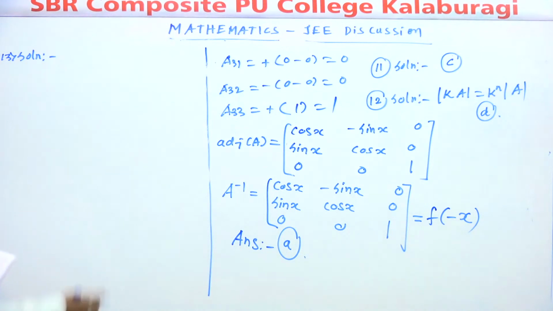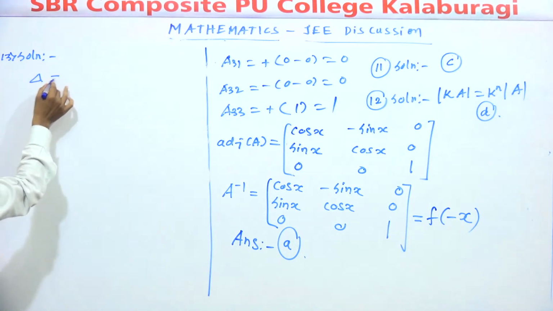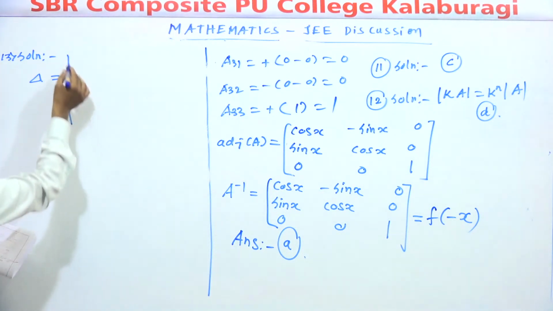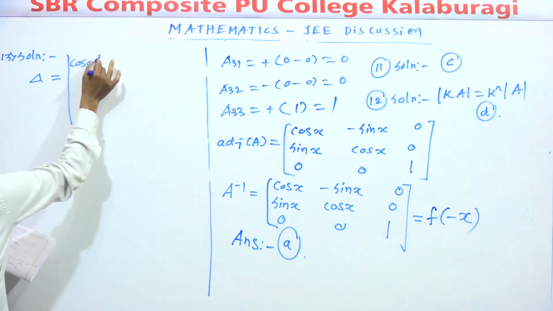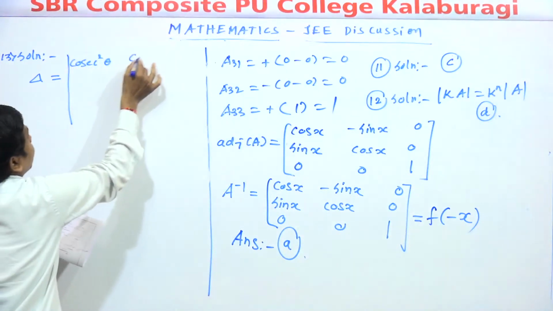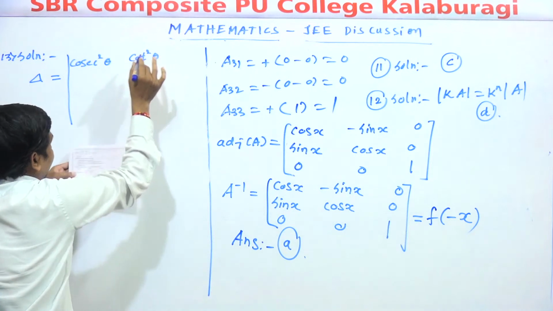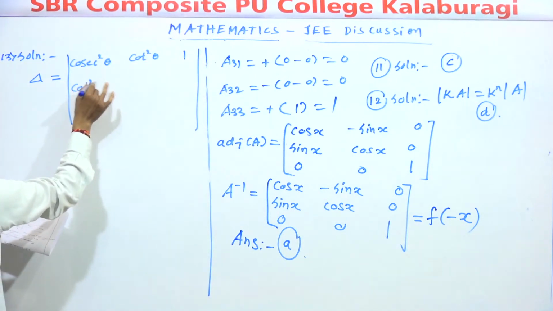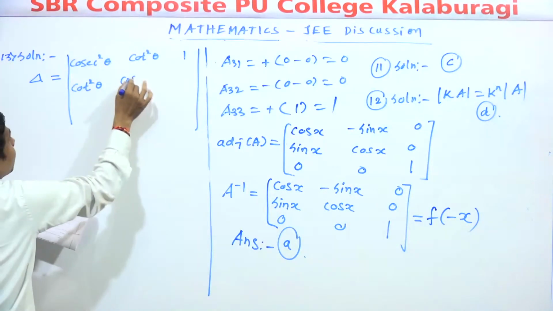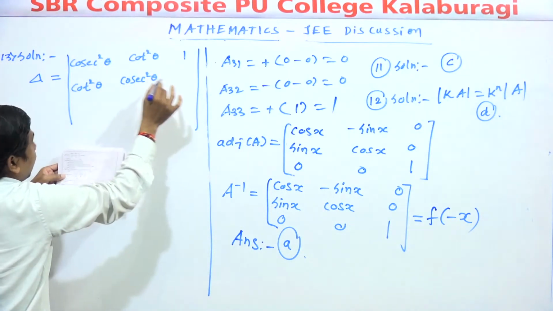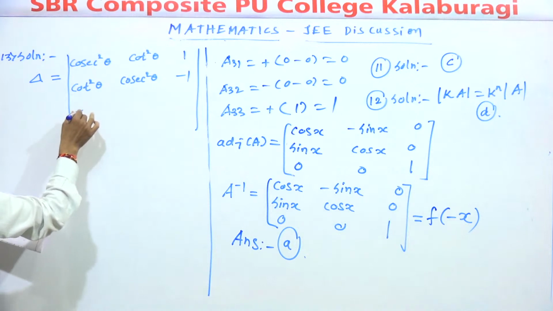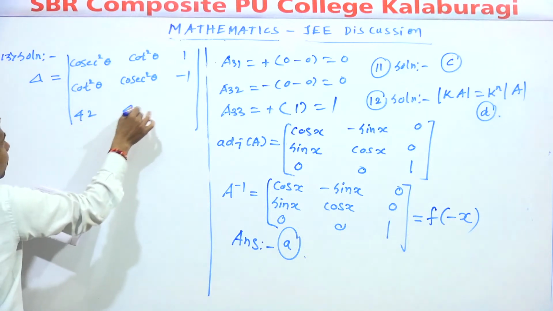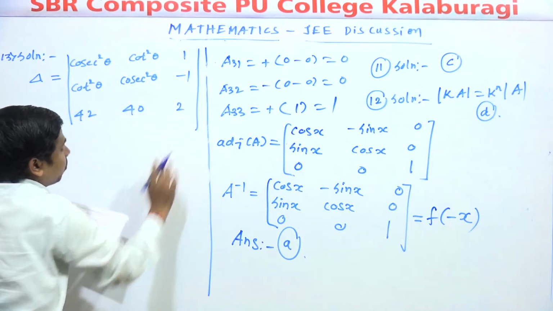The value of delta, where delta is given by the determinant with rows: cos square theta, cos square theta, 1; cos square theta, cos square theta, minus 1; 42, 40 and 2.